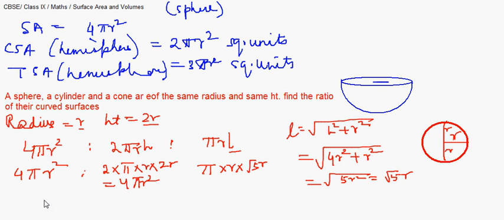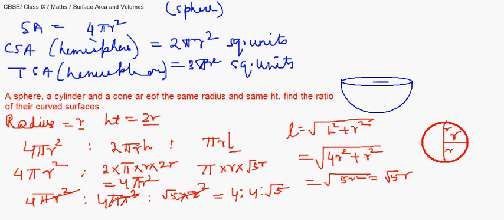So here is pi r square, here also is pi r square, and here it becomes root 5 pi r square, thereby cancelling all these three and we are left with only 4:4:root 5. Let us now move on to another screen and take up few more questions.